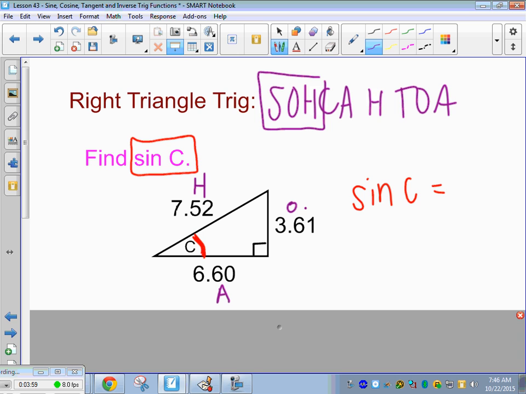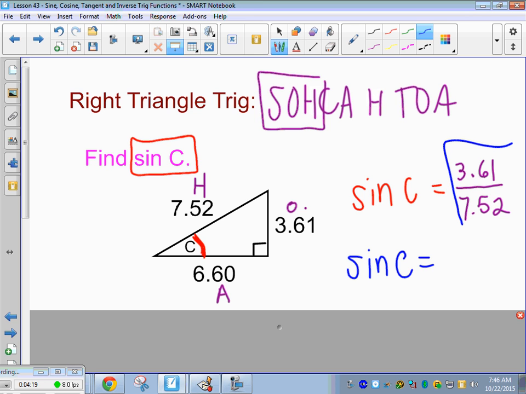Which side is opposite? We just labeled it 3.61, divided by the hypotenuse, which we just labeled as 7.52. So sine of C is equal to, and we're actually not solving for the angle in this problem, we're just finding sine of C. So sine of C is equal to that decimal divided by that decimal, which we can go ahead and find.